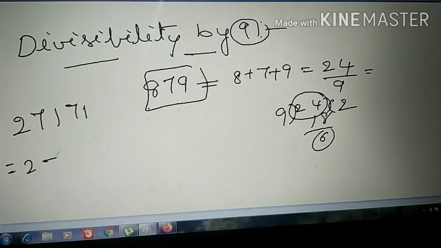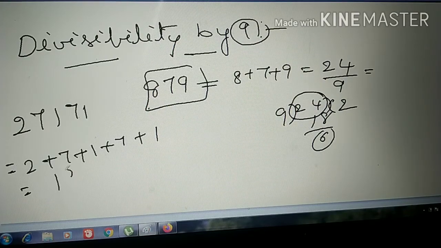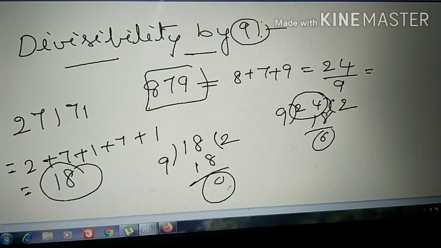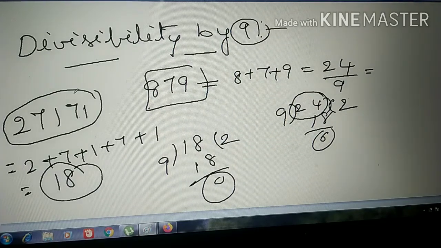See this one, 2 plus 7 plus 1 plus 7 plus 1. Add this one: 2 plus 7, 9, 9 plus 1, 10, 10 plus 7, 17, 17 plus 1, 18. So now what to do? 18 must be divided by 9. 9 twos, 18. So you are getting here 0. Exactly means the remainder should be 0. At that time only, we can say that the given number is exactly divisible by 9. Understood?